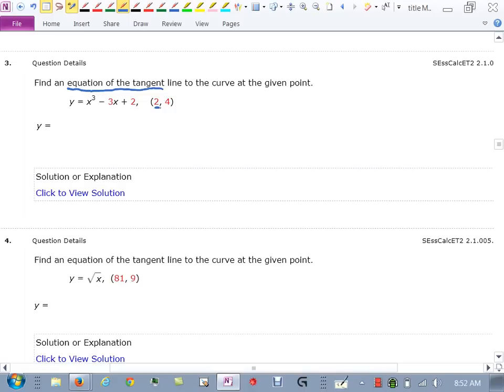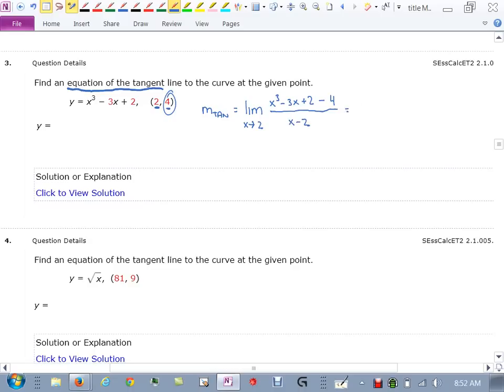First of all, remembering I have 2 and 4 here, the slope of the tangent line will be the limit, this time as x approaches 2, of f of x, which was x cubed minus 3x plus 2, minus f of 2. Now, of course, if you plug 2 into this, we should get 4. So this should be 4, and then all over x minus 2.